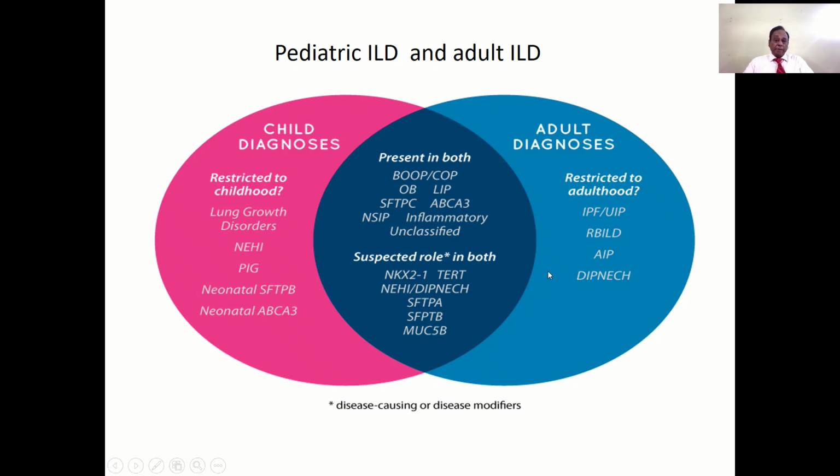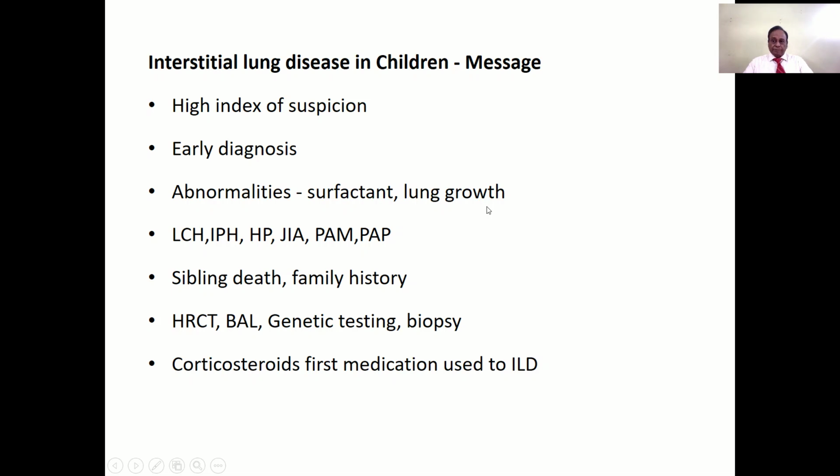And sometimes surgical biopsy is very difficult. You may have to go only for a bronchoscopic biopsy, or sometimes a video assisted thoracoscopic biopsy may be very useful. But most of the time you can make a diagnosis of ILD both in children and adults without biopsy, and there is an overlap also.